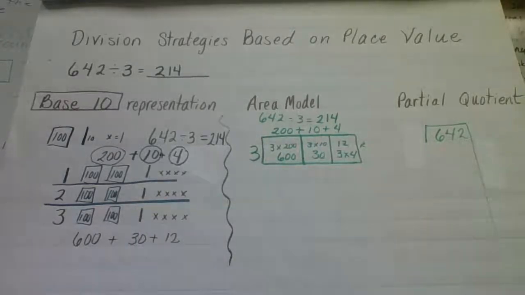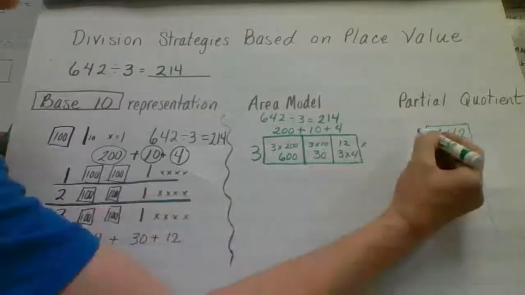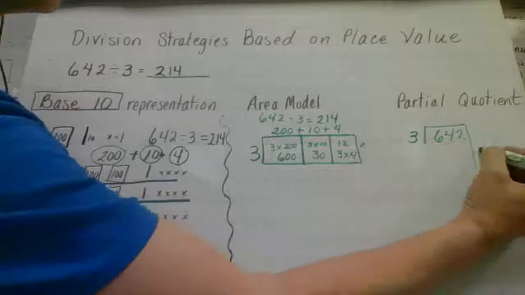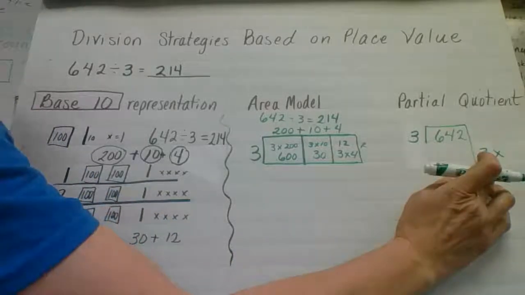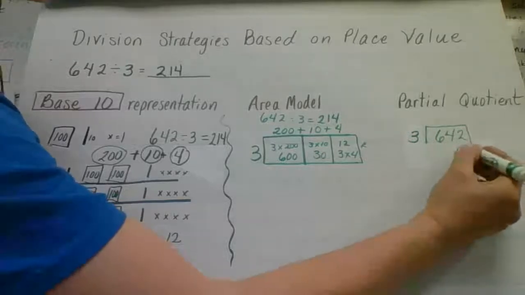And the last model we're going to look at is the partial quotient model. In the partial quotient model, we have our standard division model, 642 divided by 3. And I'm going to keep track of my counting by 3s on the side. Well, since I have 600, I'm looking for 100s.